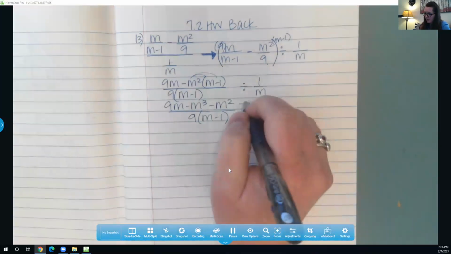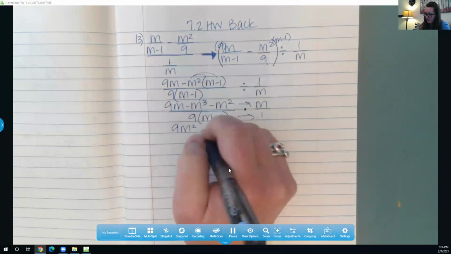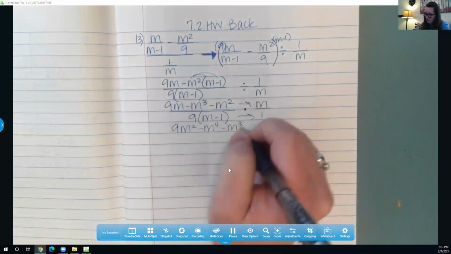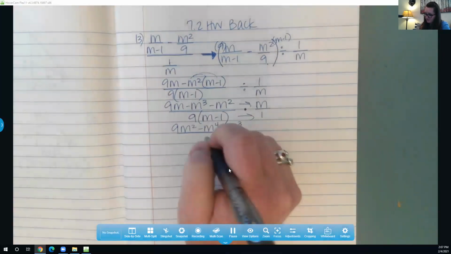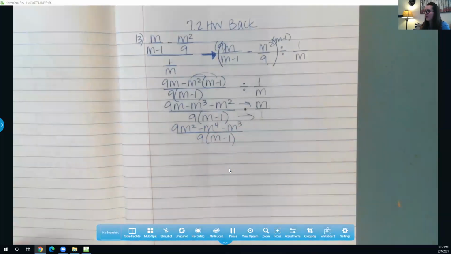Now we can see what's going to happen. So we'll just multiply straight across, right? So we have 9m squared minus m to the 4th minus m cubed, all over 9 times m minus 1. Now that we have one rational expression, we can go ahead and simplify.